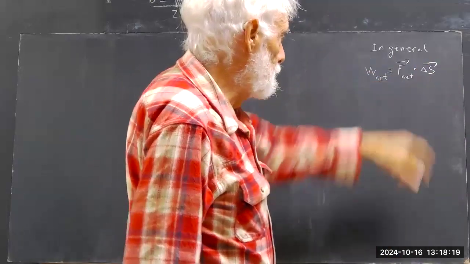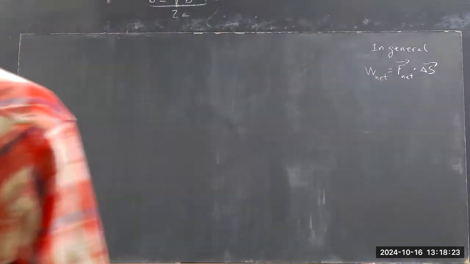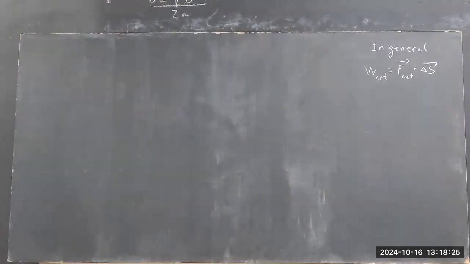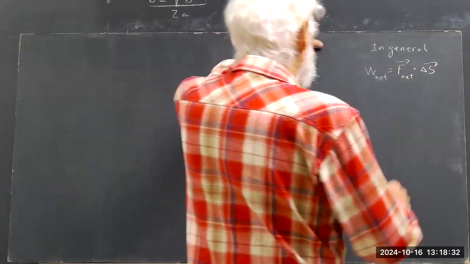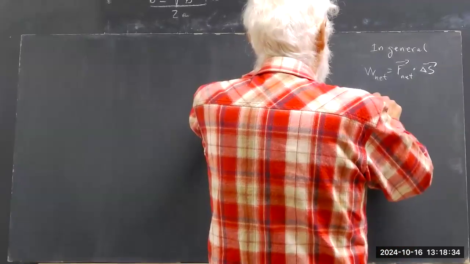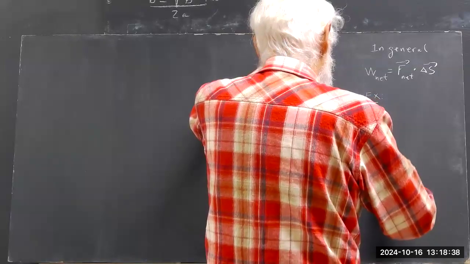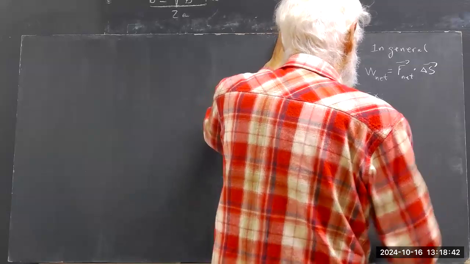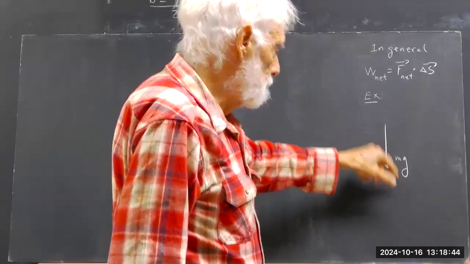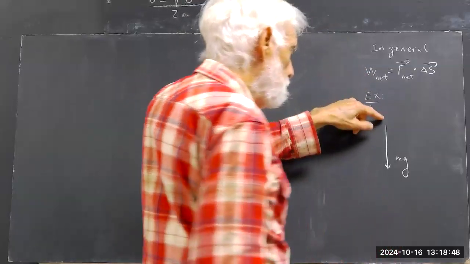Now, in general, work is a dot product of the F net vector with the delta S vector. So for example, we have a mass in free fall.